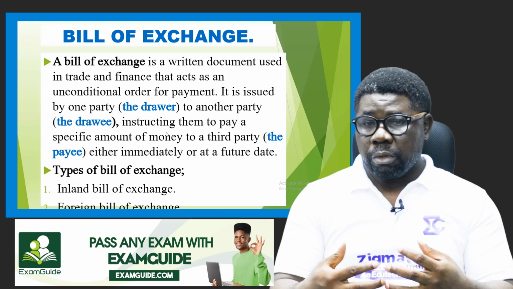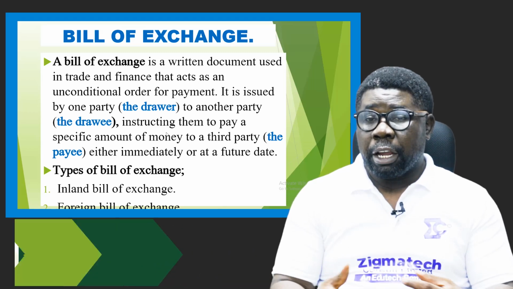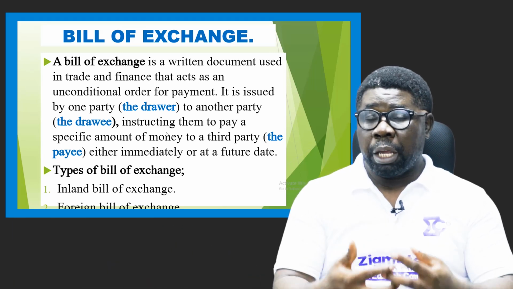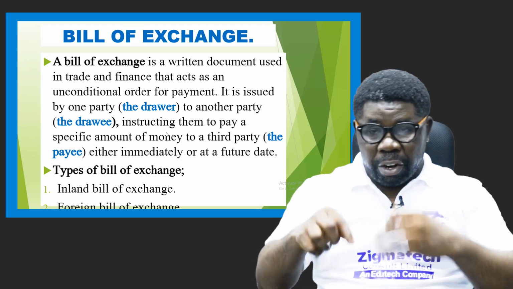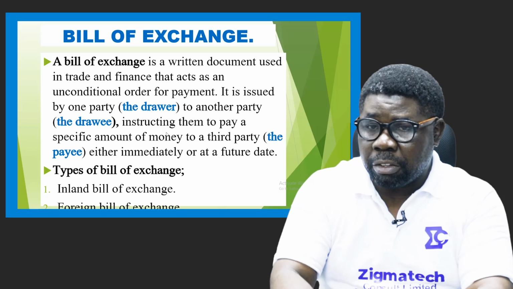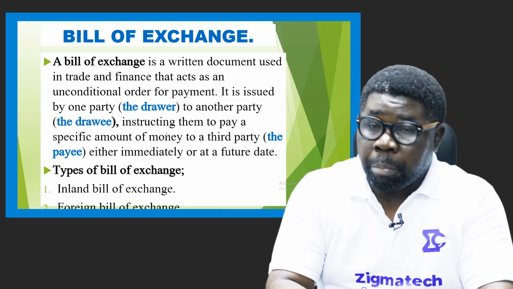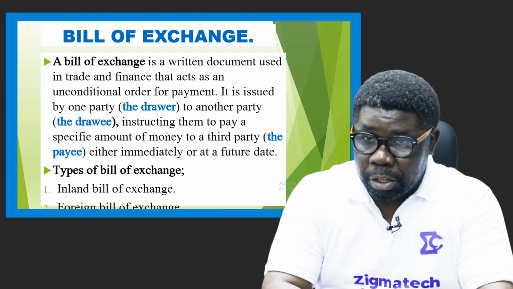So this is originated by a drawer, the person whose money is going to be used to make the payment, and addressed to the drawee, the institution or personality that will make the payment.